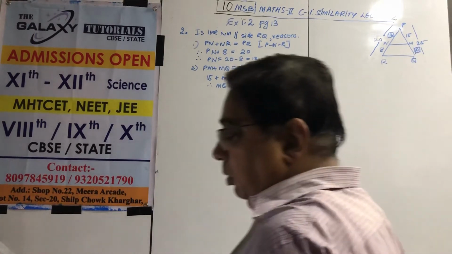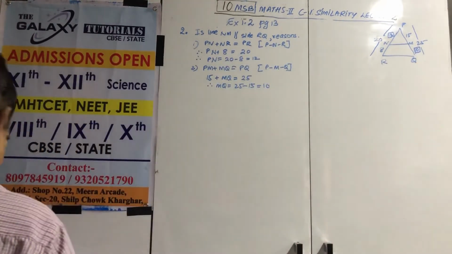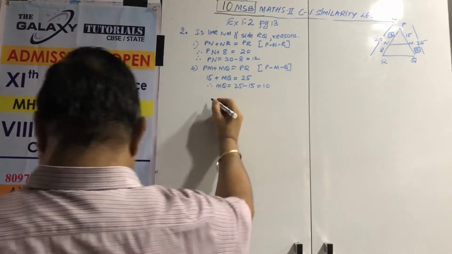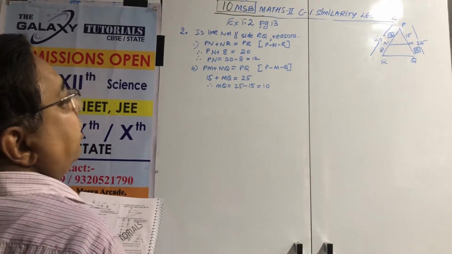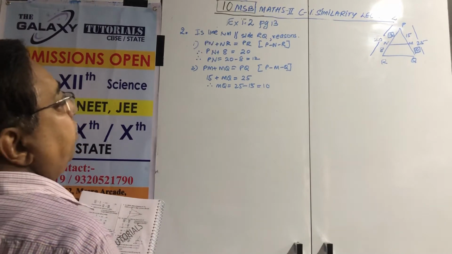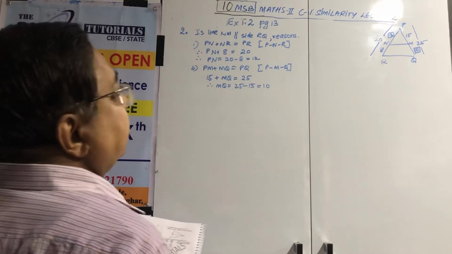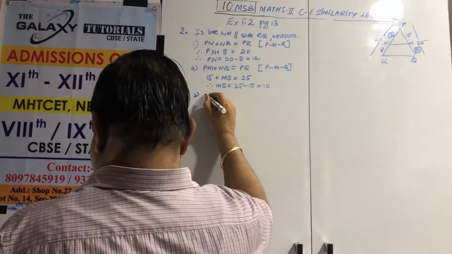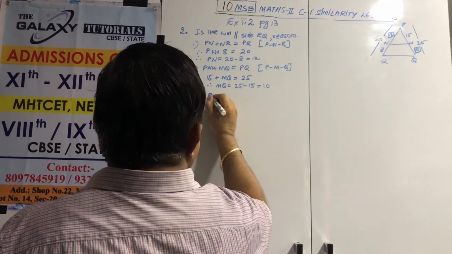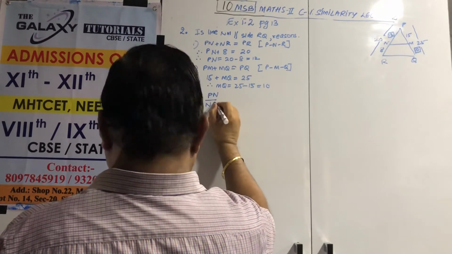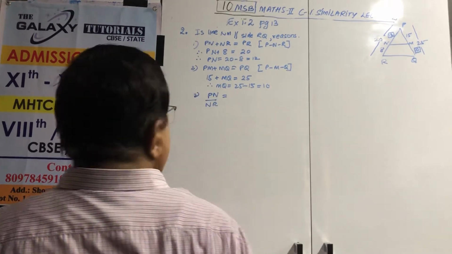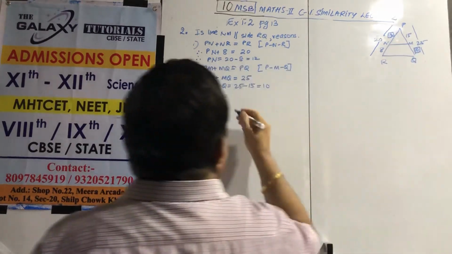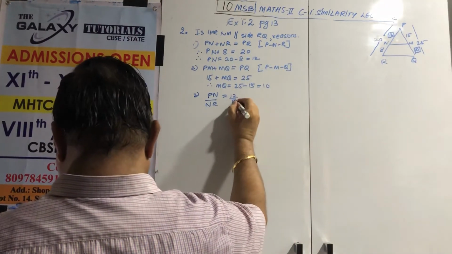Therefore, we have PM is 15 and MQ is 10, two things which I found out. So I will go further, step 3. PN upon NR is equal to 12 upon 8.